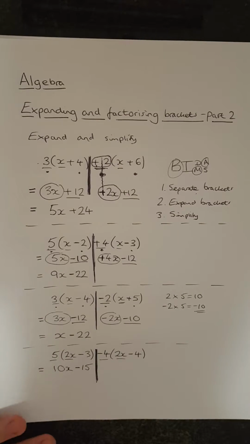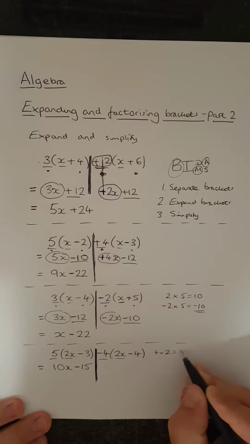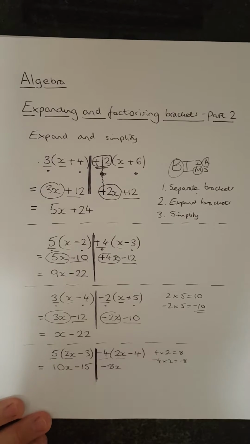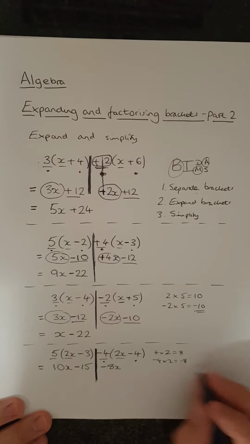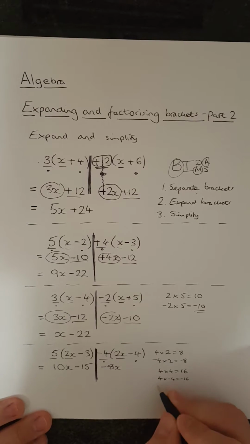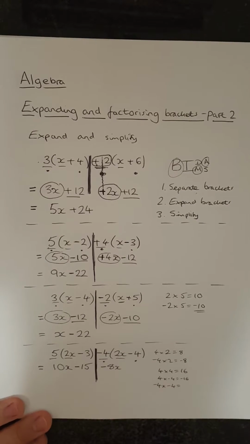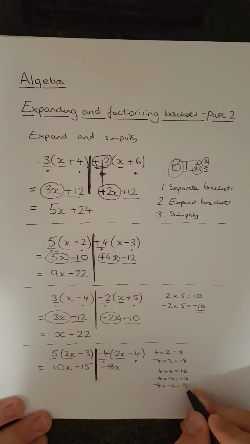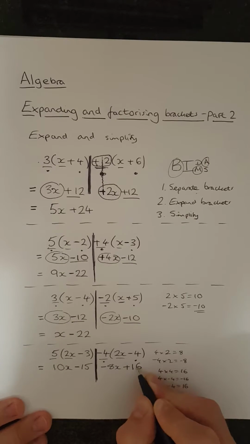Minus 4 times 2x, so minus 4 times 2 is minus 8x. Minus 4 times minus 4, well, 4 times 4 is 16. 4 times minus 4 is minus 16. So minus 4 times minus 4 must go back to 16, plus 16.